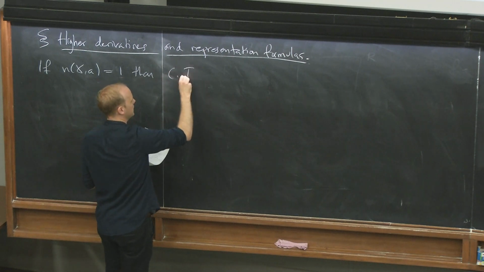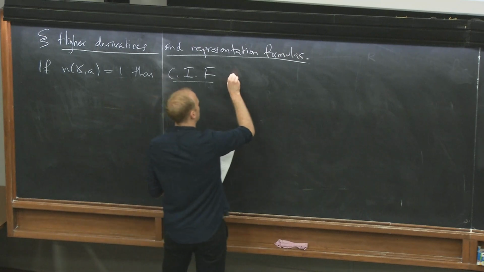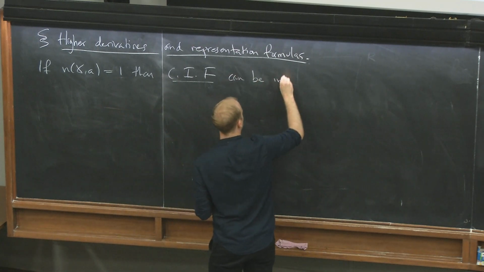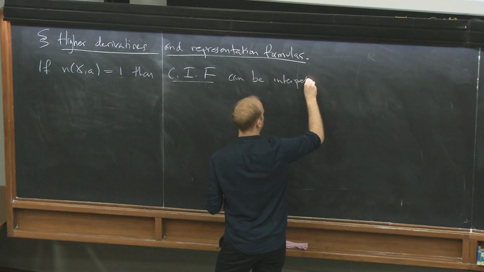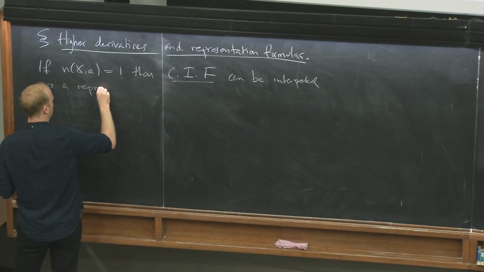Then this Cauchy's integral formula, which I write like that now, can be interpreted as a so-called representation formula.